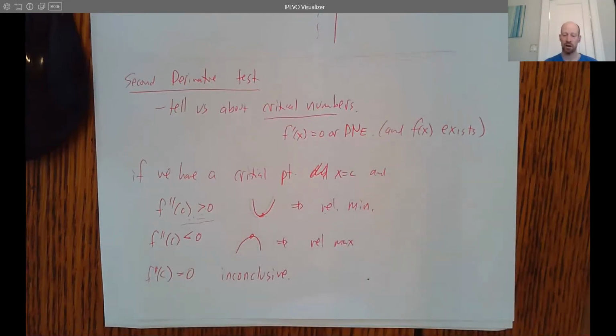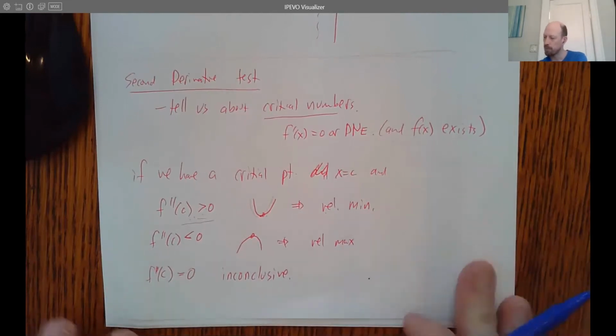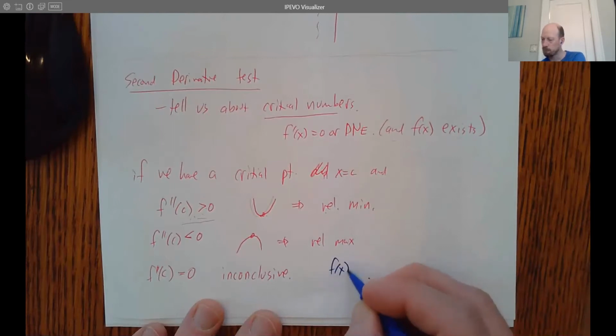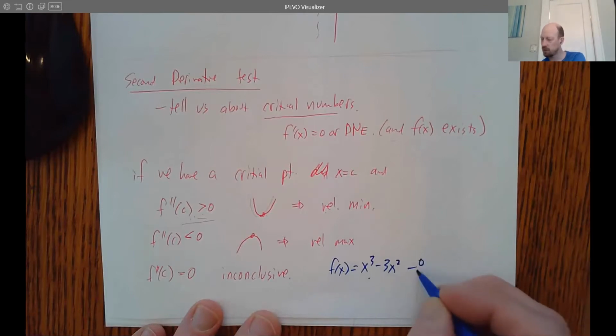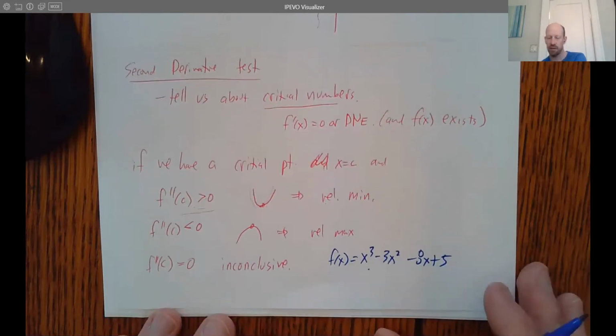Going back to our old friend here, x cubed minus 3x squared minus 8x plus 5.